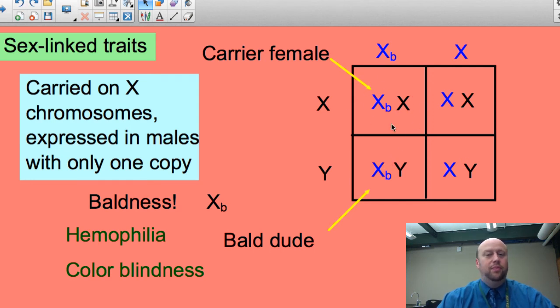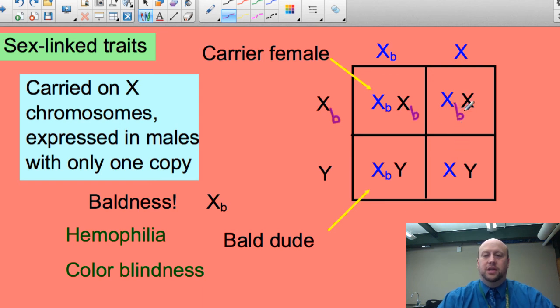Now, what will happen genetically for the other traits? This carrier female is still not going to be bald. The only way that you would get a bald female, and this is much more unlikely, is if you also had the trait on the male. So you had a carrier dad and a carrier mom, and then in that case, when you did that cross, you would get this.